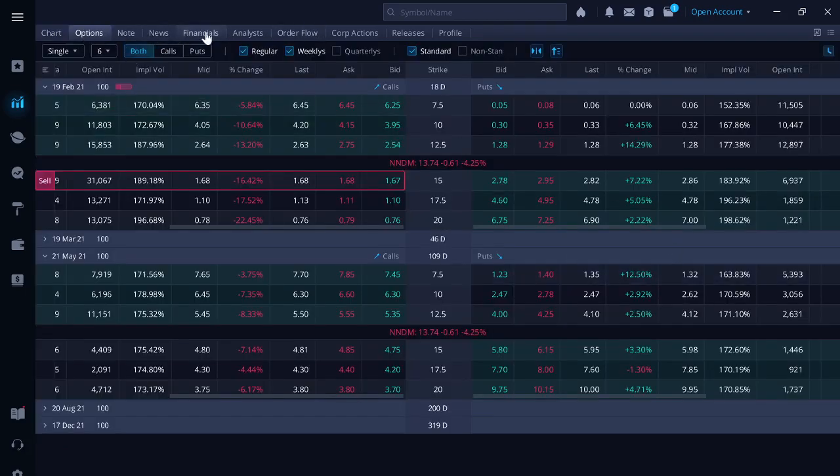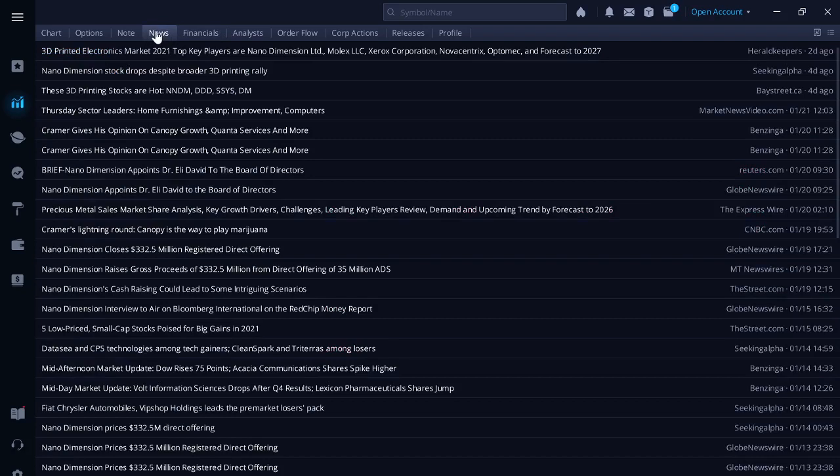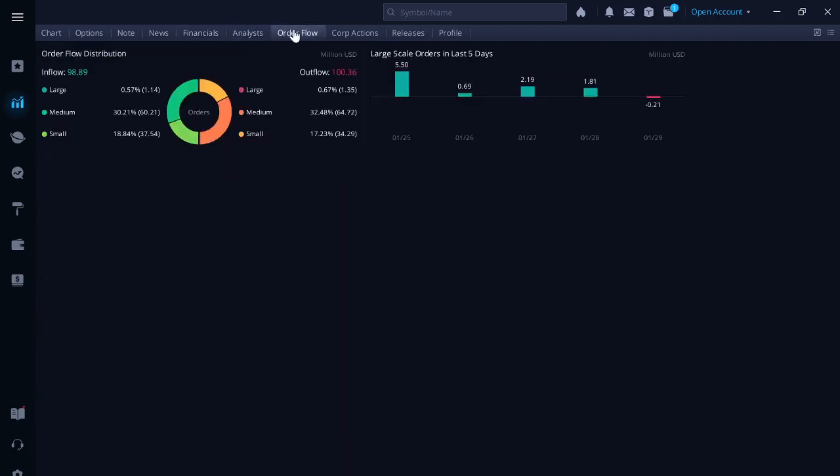So let's look at the order flow. In the last couple of days, there's actually been an order flow coming in. And then on the 29th, it was taken out.